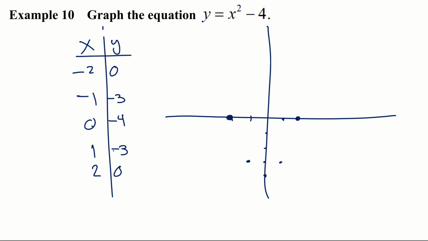So very beautifully symmetric. Sometimes with these it's a little easier if you do the little cup here and then just extend it like that, and then just extend it on both sides. All right, so there's a rough sketch of this shape, which is called a parabola, and that's how you go about doing this.